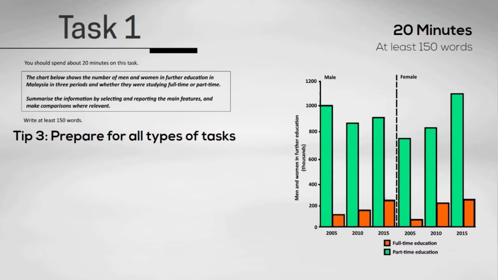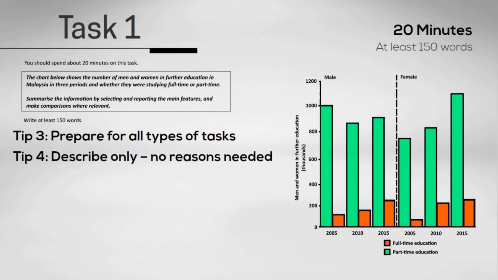Turning to tip number 4, remember you only need to describe the charts. You do not need to give reasons. So in the example from Malaysia, you do not need to explain why the number of part-time students is much more than full-time students, or why the number of female part-time students is increasing.